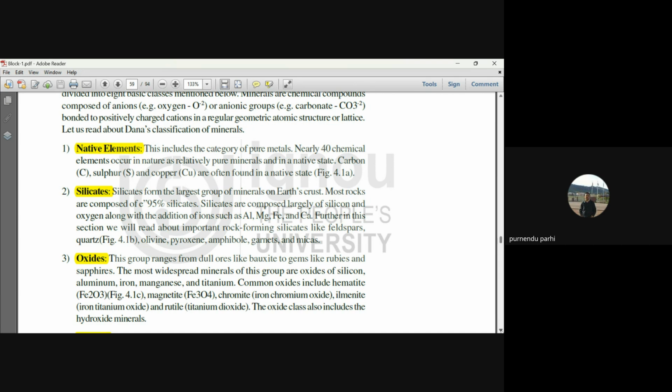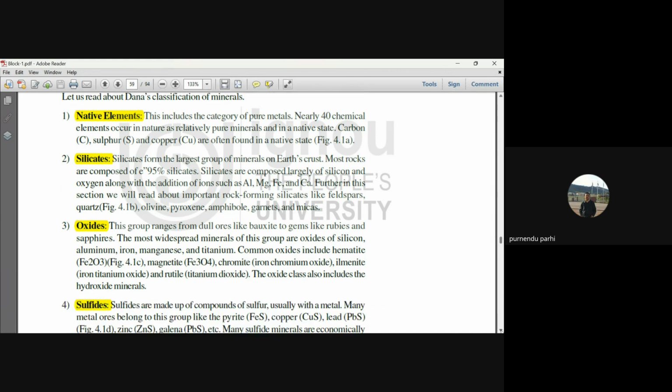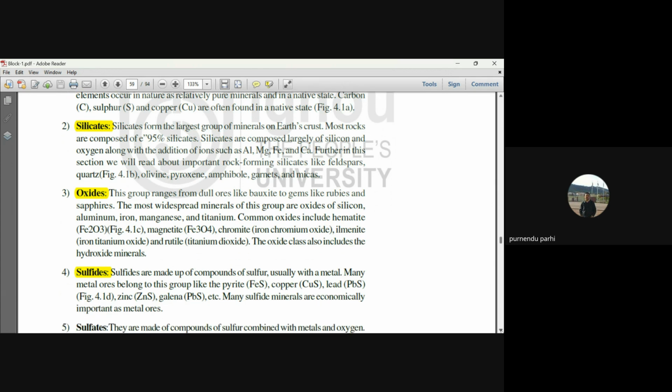Further, in this section, we will read about important rock-forming silicates like feldspar, quartz, olivine, pyroxene, garnet and micas.